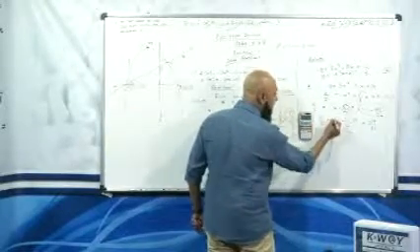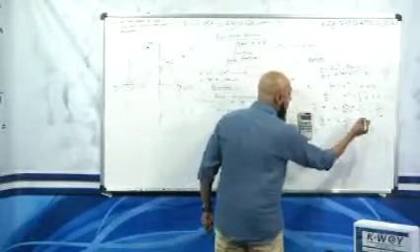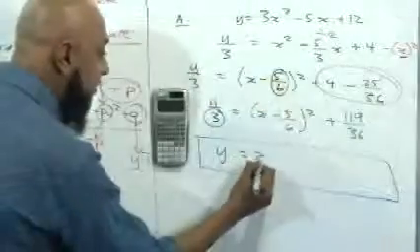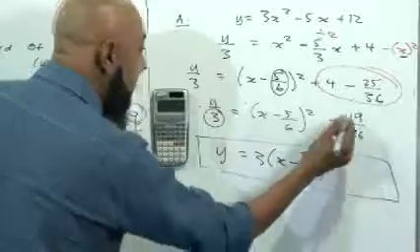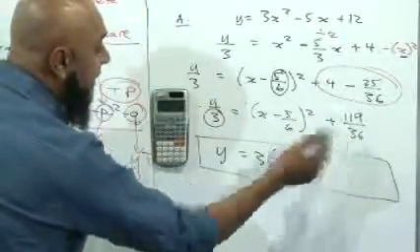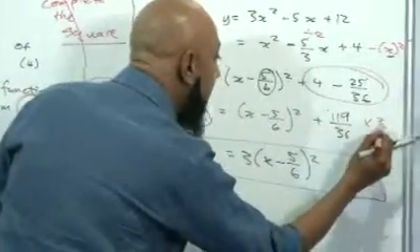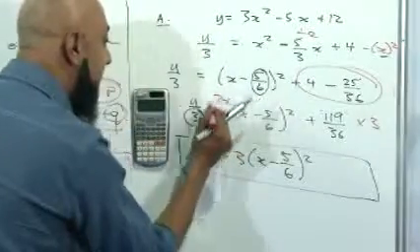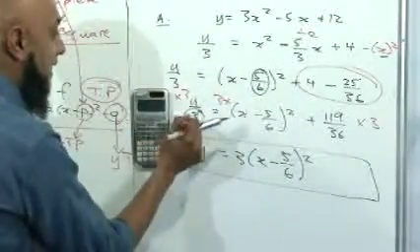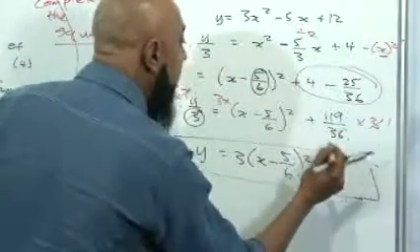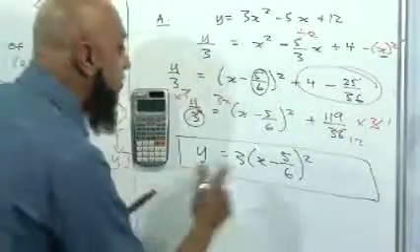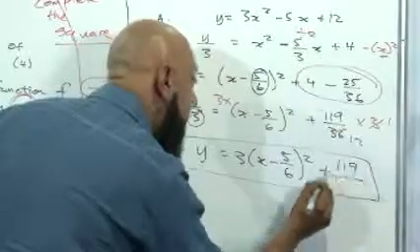We're going to multiply this by 3, multiply that by 3, multiply that by 3. My final answer, y is equal to 3 into x minus 5 over 6 squared. Now we got 119 over 36 times 3. Right? Remember, we multiplied that by 3, multiplied that by 3, and multiplied that by 3. So there's the 3 there. Now 3 goes into 3 once, 3 goes into 36 12 times, plus 119 over 12.